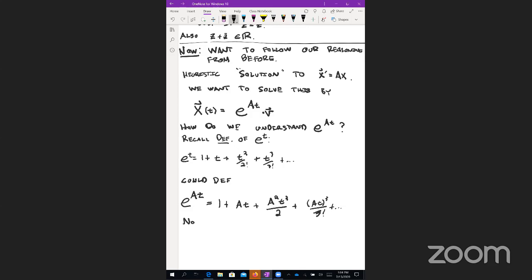So note that d e to the at over dt is going to be what? It's going to be a plus a squared t plus a cubed t squared over 2 factorial, etc., which is exactly what we would want, a times e to the at.